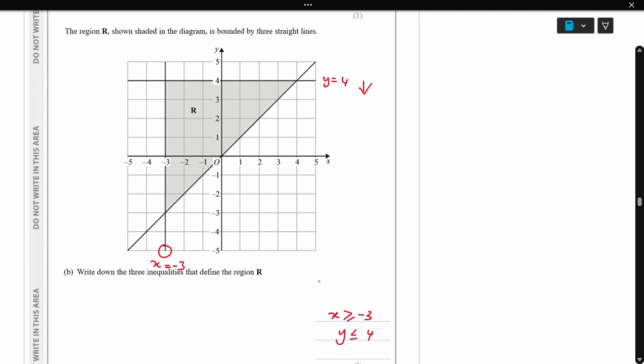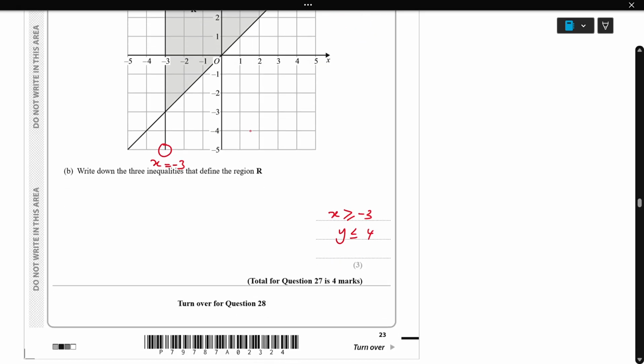Next one, as we know, this is the gradient one, so it's going to slant, and this line is y = x. But the region is above the line, so y ≥ x.